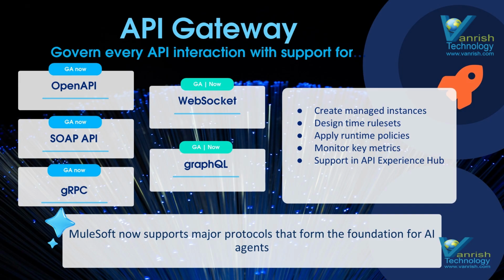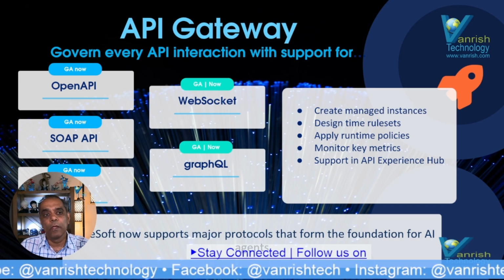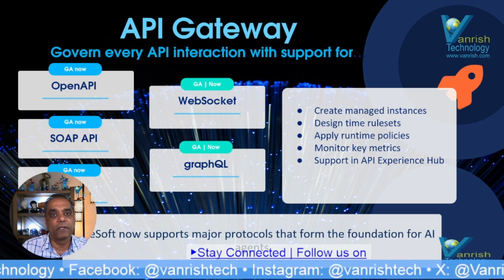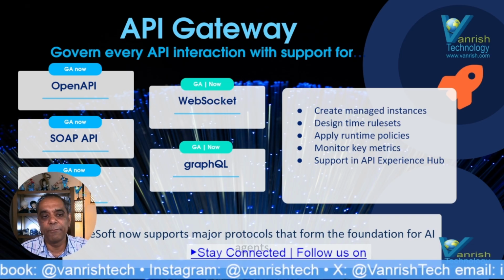If you're working with GraphQL, initially there was no control. You had to go with whatever GraphQL was providing. Now, through MuleSoft, you can enable GraphQL and see how your GraphQL API is working.